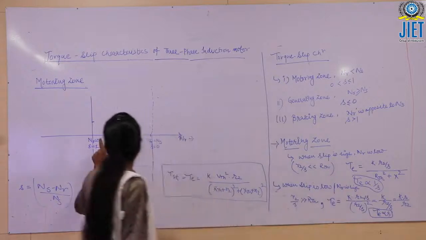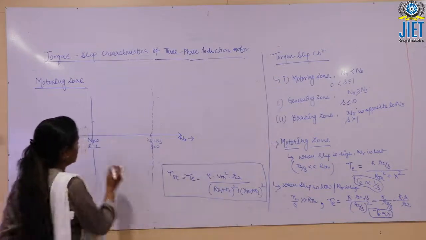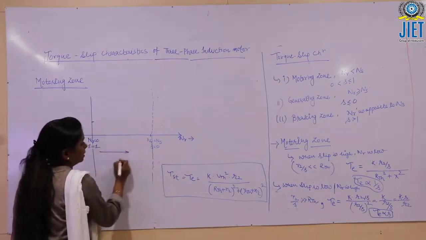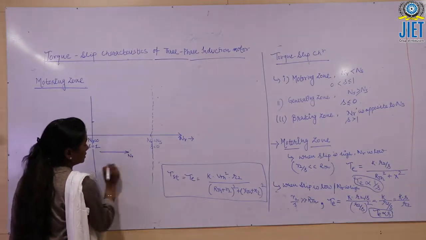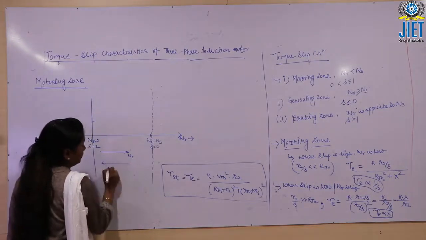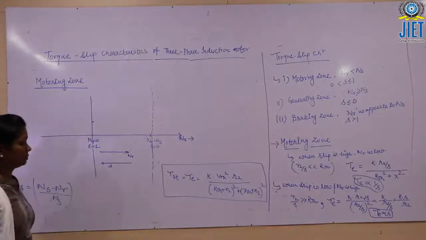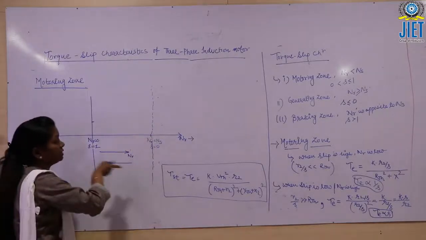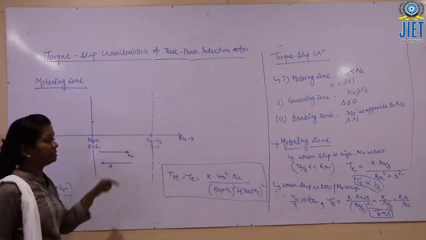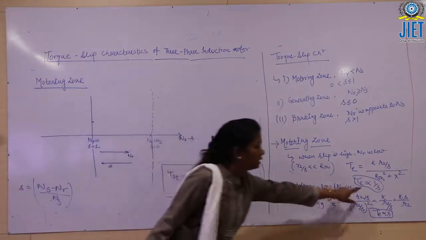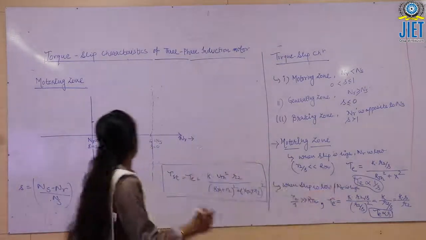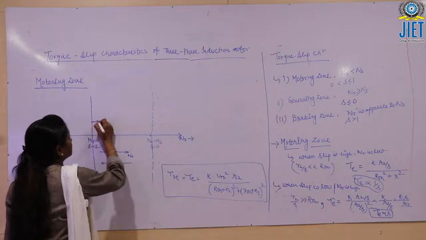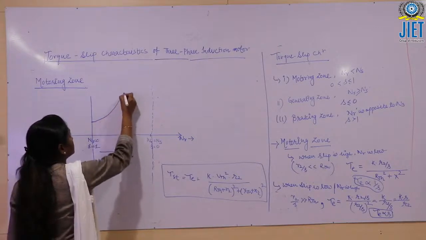So as NR increases, the slip decreases in the reverse direction. So we can say in this direction the slip is decreasing. So as the slip is decreasing, the torque will increase. So from here, the torque increases.